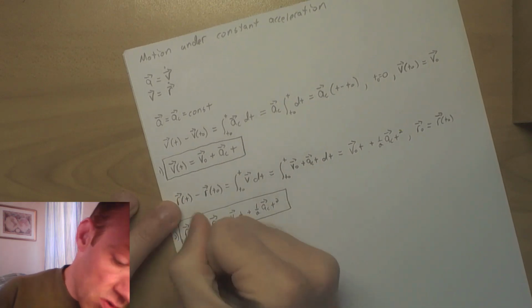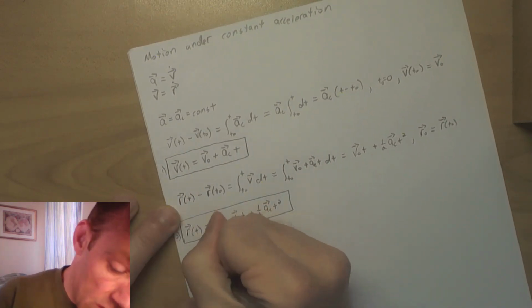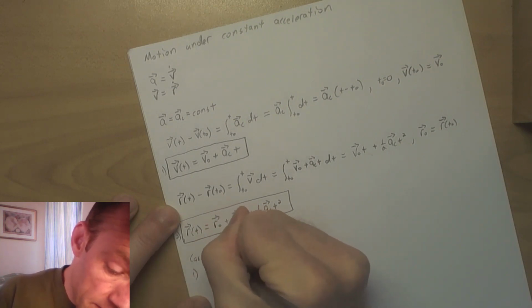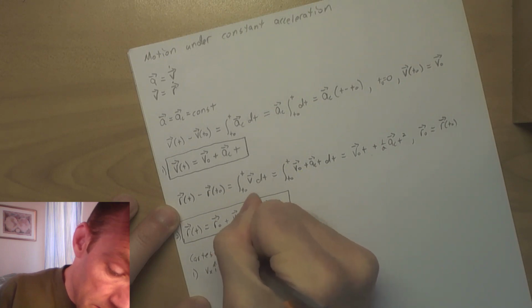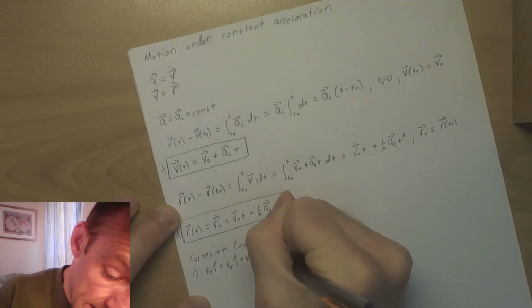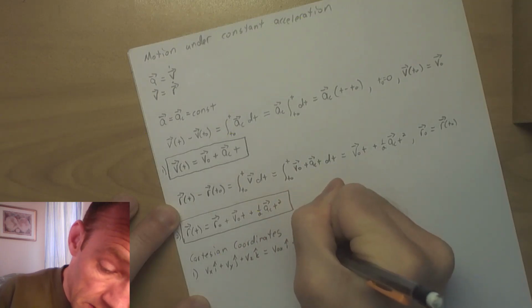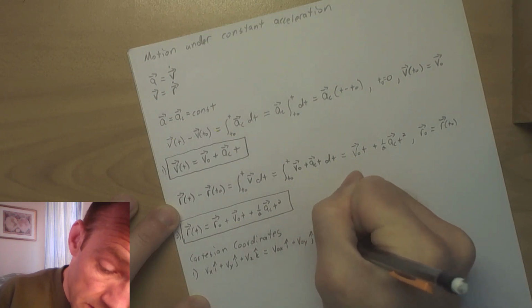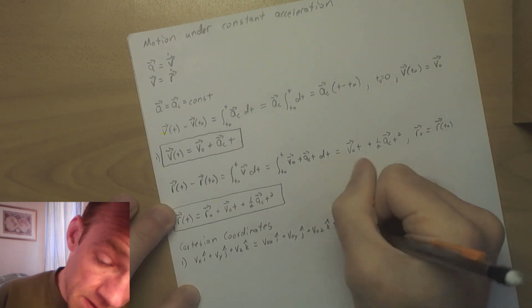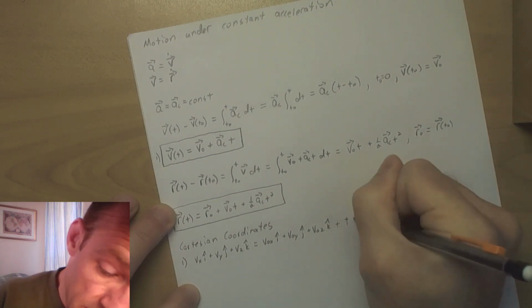Starting with equation 1 and expanding that in Cartesian coordinates, we have this, where t is the time coordinate.